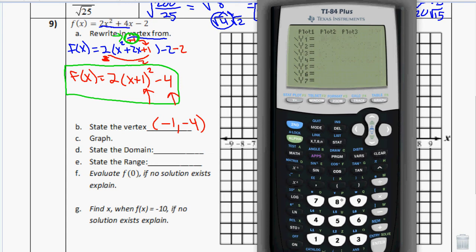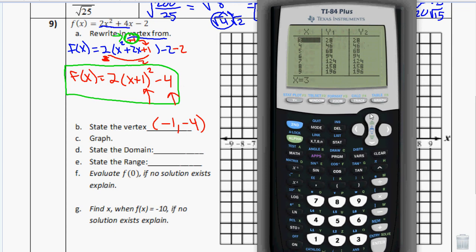And first of all, we can use our calculator to make sure that we put it in vertex form correctly. If I type in the original equation, and then if I type in what I think I did right for vertex form, when I go look at my table of values, they should be the same.